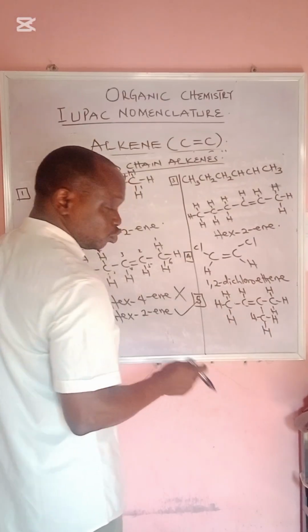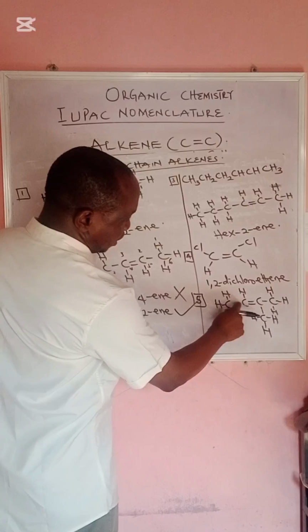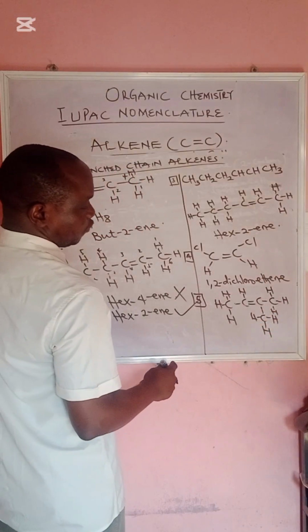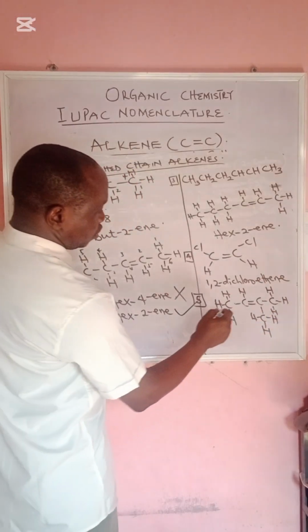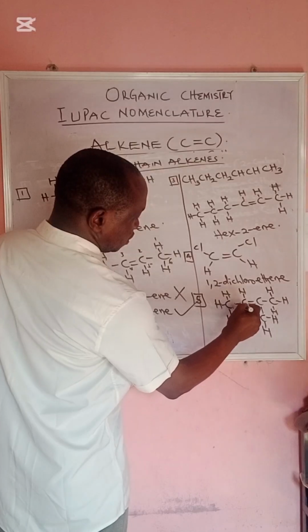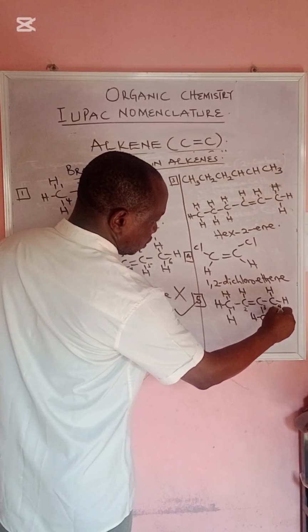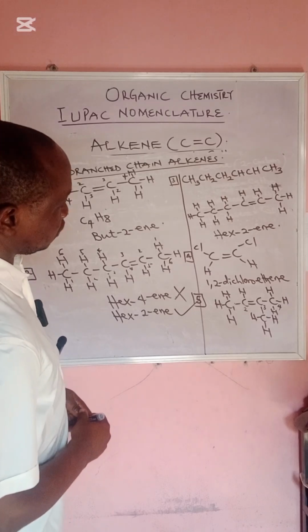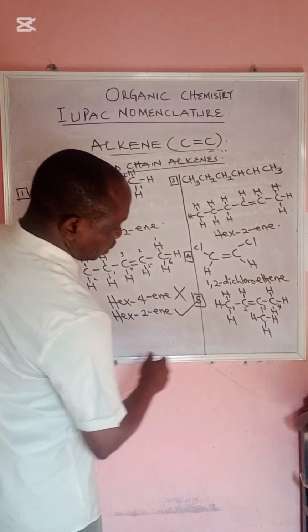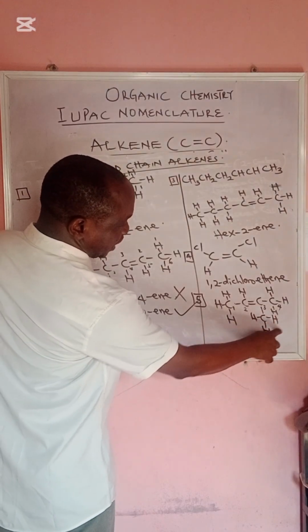That is a route. So 1, 2, 3, 4. My methyl, the alkyl group, is attached to carbon 3, and the double bond is between carbon 2 and 3, so I will take carbon 2.